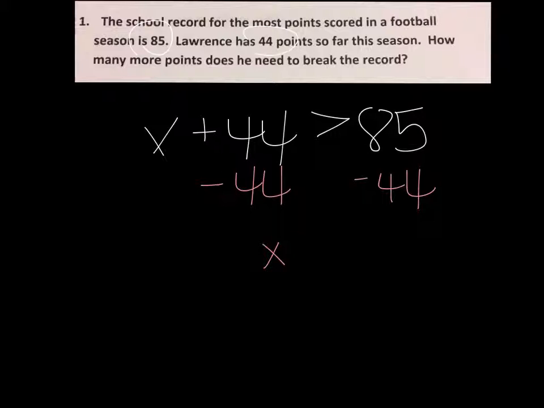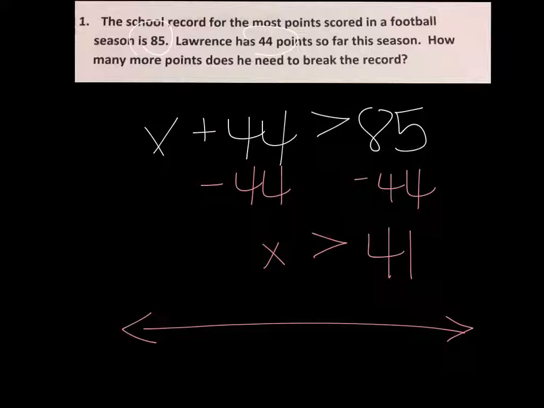X is going to be greater than 85 minus 44 is how much? 41. Good. So he must score at least 42 points to break the record. 41 to tie, 42 to break it. If you graphed it, my 41's going to go in the middle.